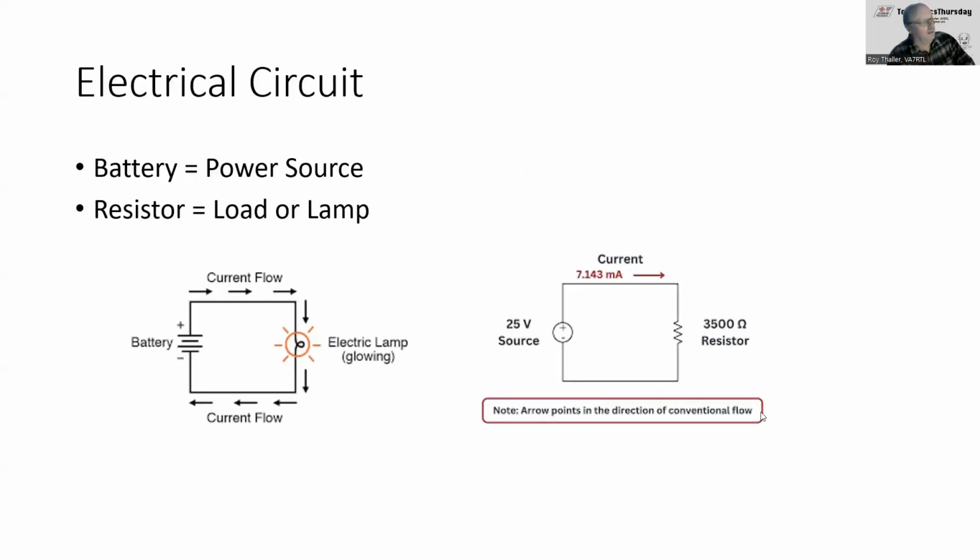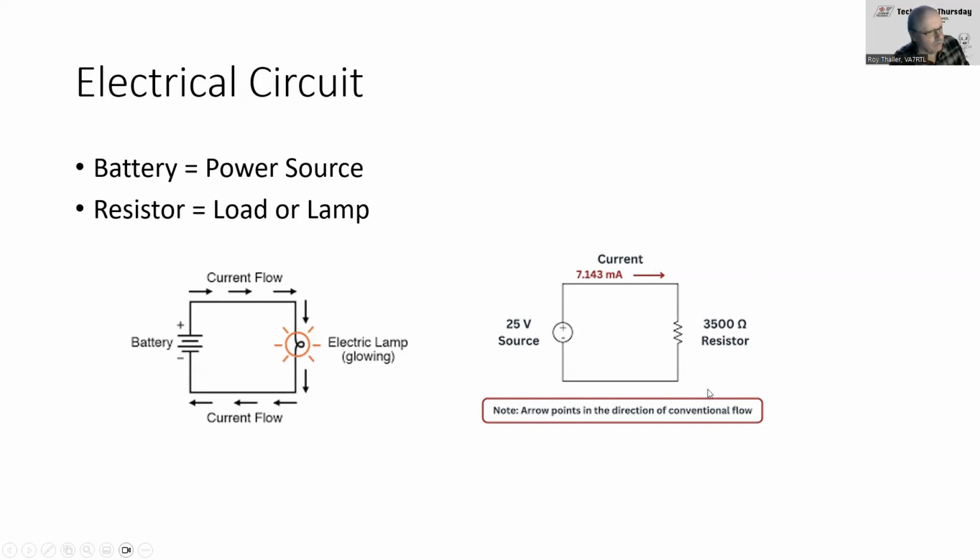So when we look at it simply, we have a power source and then we have a load. And if we look here in a simple circuit, we have a battery, the current flows through the light bulb, causes the light bulb to glow, and just flows around the circuit. So this is sort of a pictorial diagram, and we'll actually look at this circuit in more detail as an example.